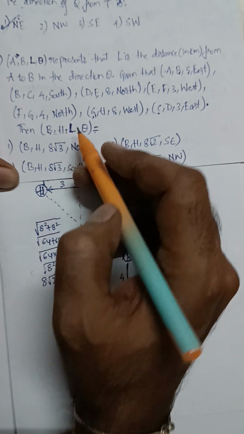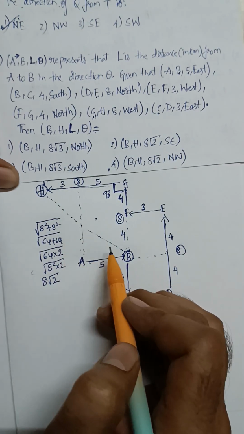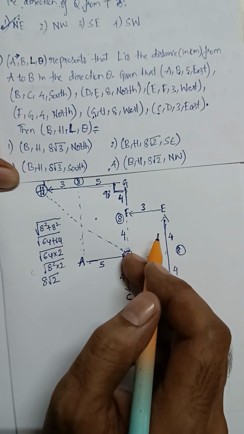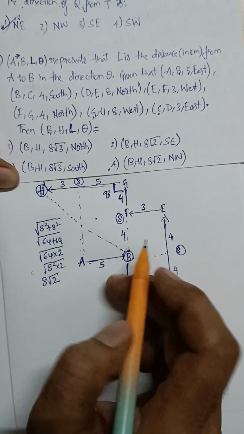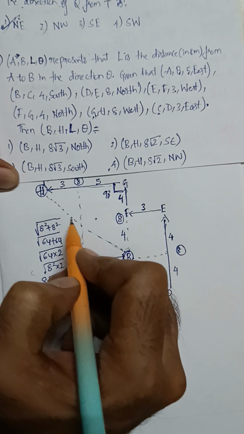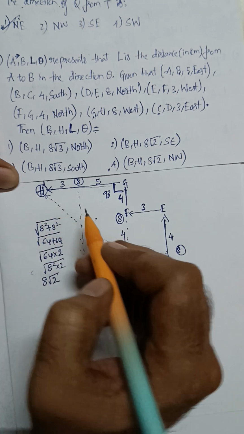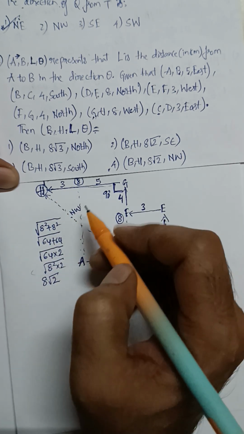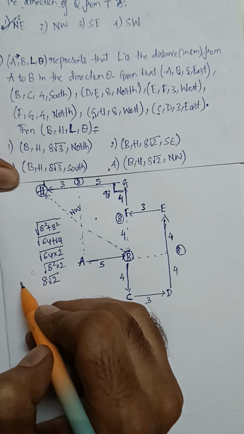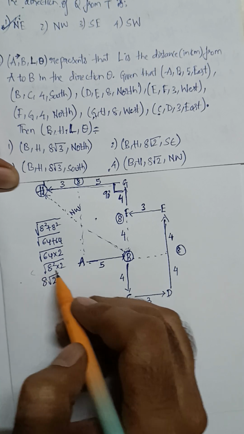From B to H he is asking. Now B is here, H is here. So if we consider the direction from B to H, it is north, northwest. So the direction is northwest.